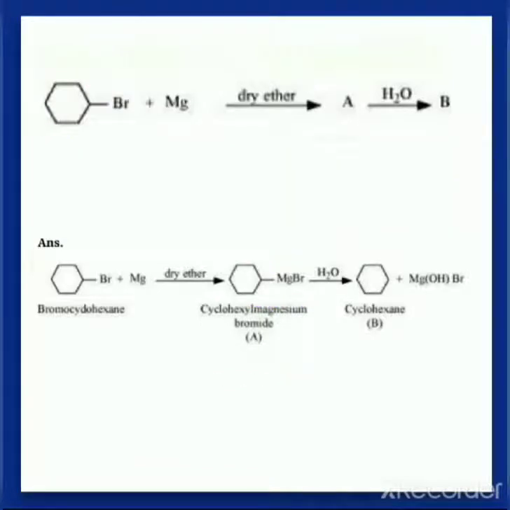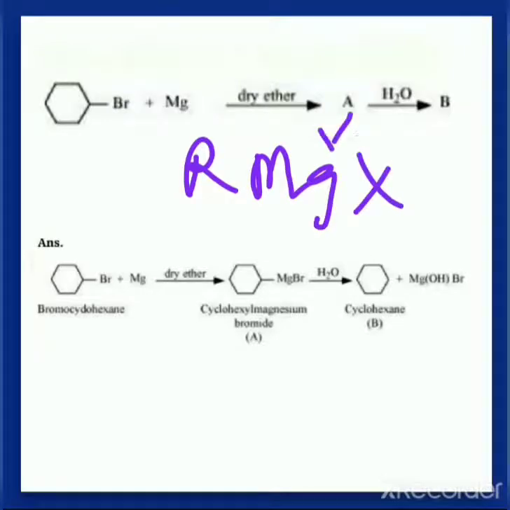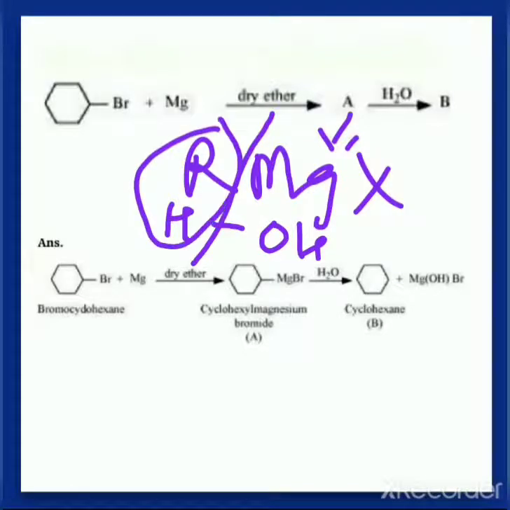Now product B. Product B, when we take the general form RMgX, that is product A which is formed here. When it undergoes hydrolysis, we need to break this bond, one H here, one OH on the other side. So you will get RH. RH is a hydrocarbon. Similarly in this particular case, what is R here?